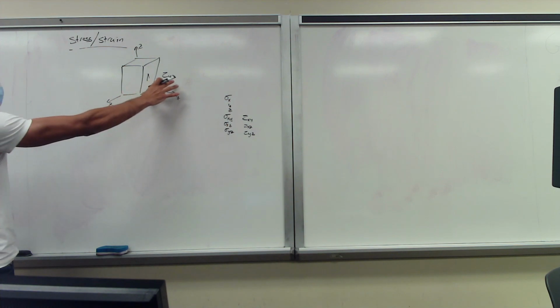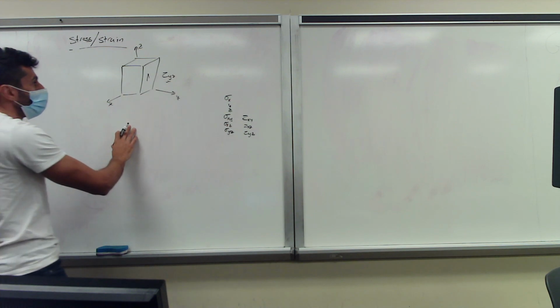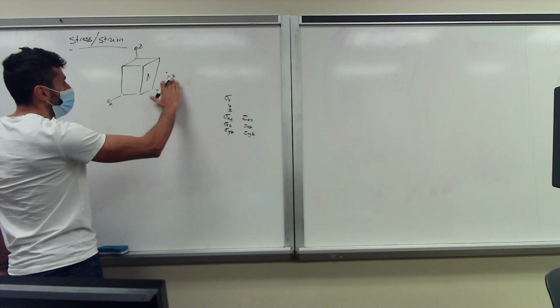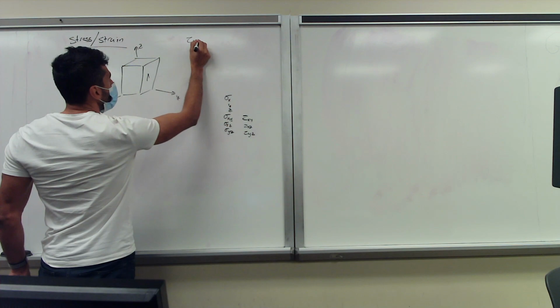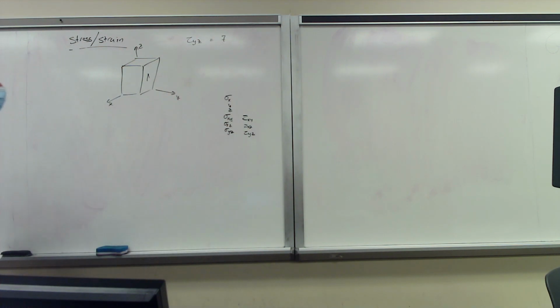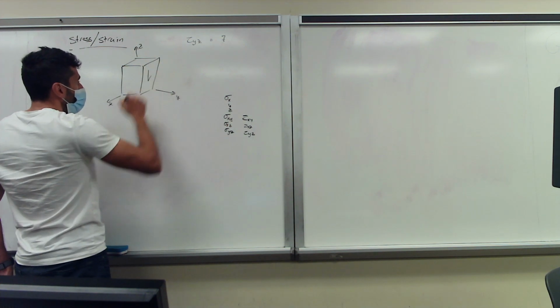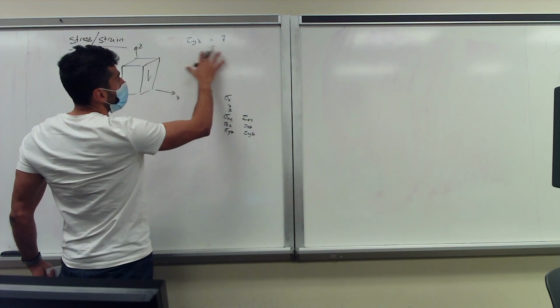So that's where it comes from. In this coordinate system, if someone would give you tau yz is equal to 7, this would be positive. And if the same person gave you tau yz pointing in this direction, going downward, then the calculation value should be -7.